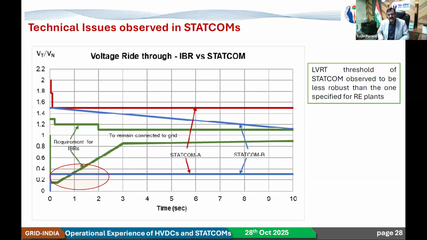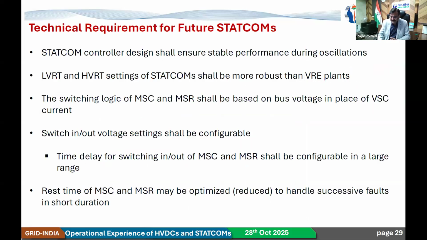So this is another area where there is a need for improvement. Another area is that there is a slight delay in MSC and MSR. If that delay could be avoided, it could also help in future operations.